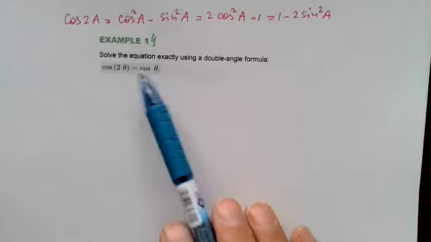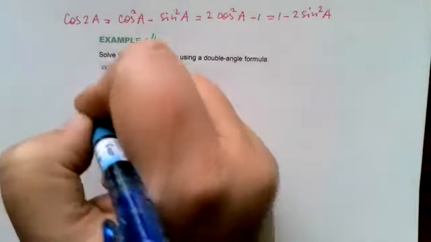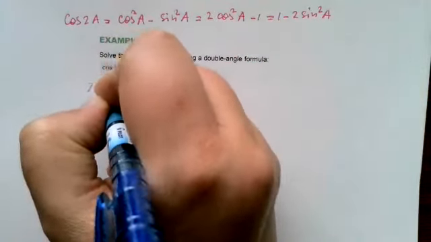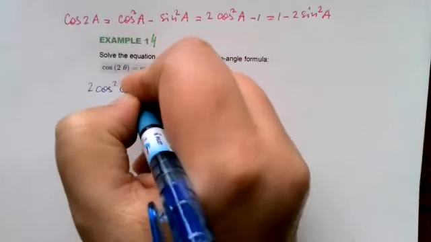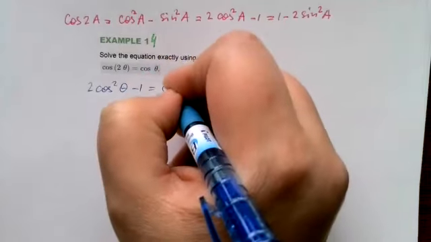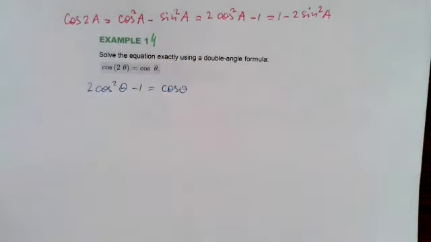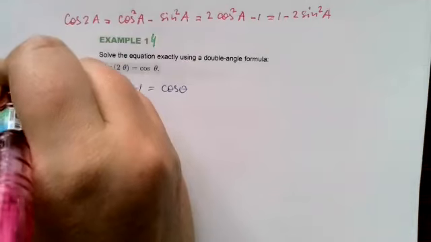Instead of cosine 2 theta, I'm going to write 2 cosine squared theta minus 1, and that equals cosine theta. Now this becomes an equation quadratic in type, right? So I'm going to do my u substitution. u is cosine theta.